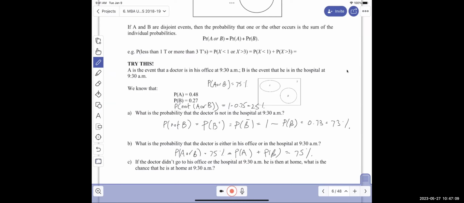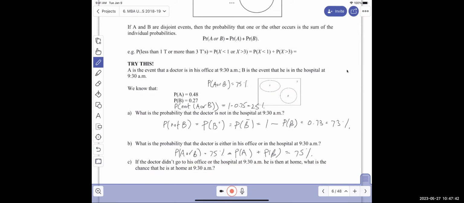Well, we don't know because we don't know everything that's outside of the 75%. Well, they've defined it that way. It just says, so you go by they've defined that this represents A is office, B is hospital, and they tell you that if he's not in A or B, then he's home. So all of that space is now defined as home. What is the chance he is at home? Remember, we're talking about 9:30 a.m. It's a very specific point in time. It's in either three places.